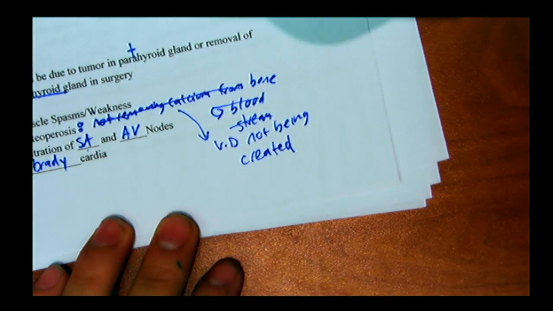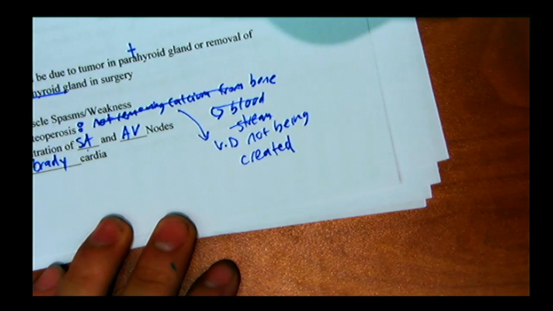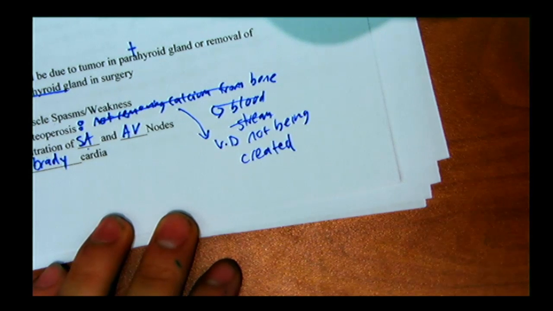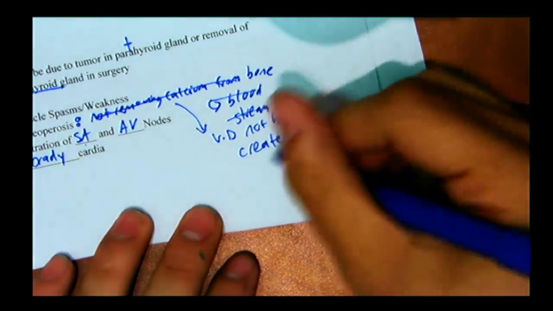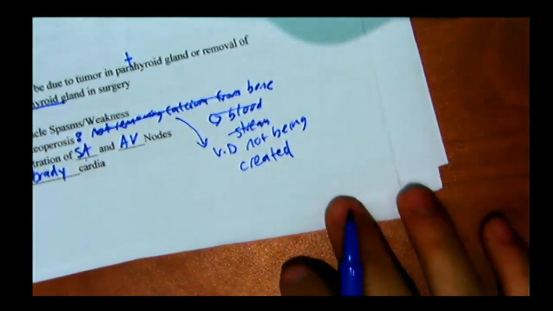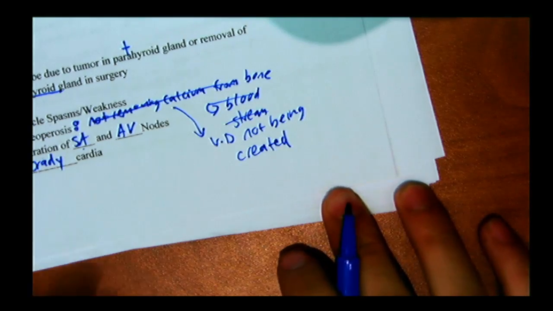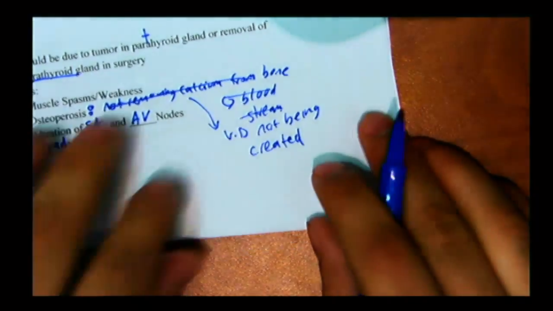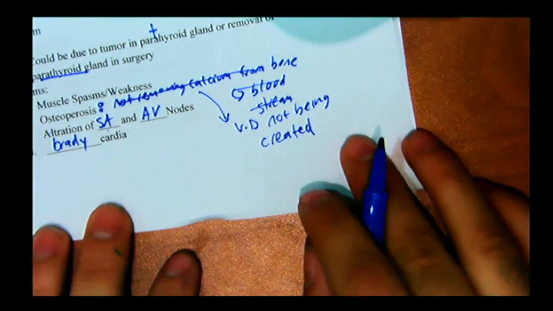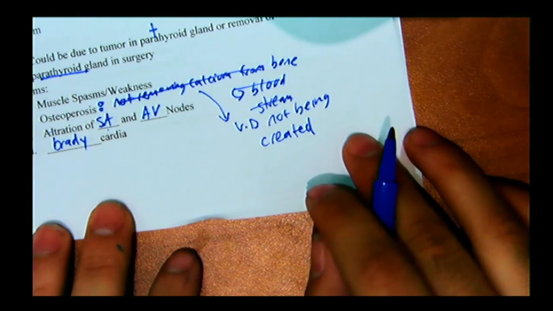Yeah. So in this case, if you don't have PTH, you don't have a formation of vitamin D. Vitamin D is what adds calcium to the bone, while PTH removes calcium from the bone. So if you don't have addition of calcium to the bone, you're going to have weak bone, and that's osteoporosis.